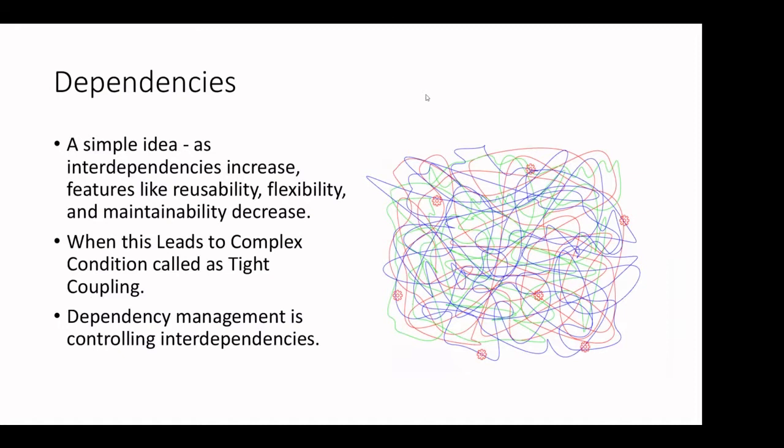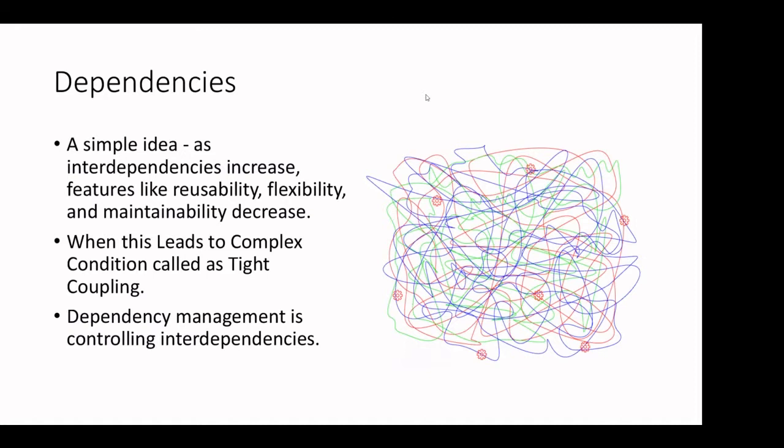When we speak about software development, we inevitably speak about the dependencies or the complexity of building software. When we speak about solid principles, we are actually speaking about solutions for dependency management.